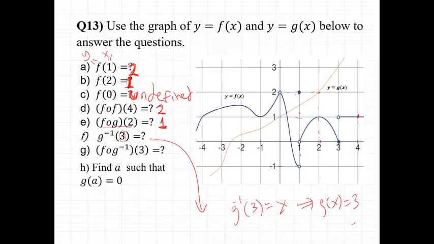So you are trying to find the x value corresponding to y equals 3 on the graph of g. The corresponding x value is 3. So g of 3 is equal to 3, and g inverse of 3 is equal to 3.